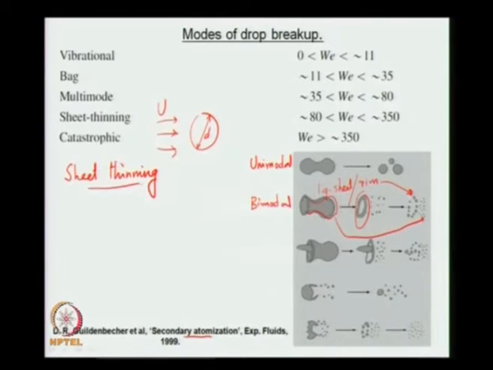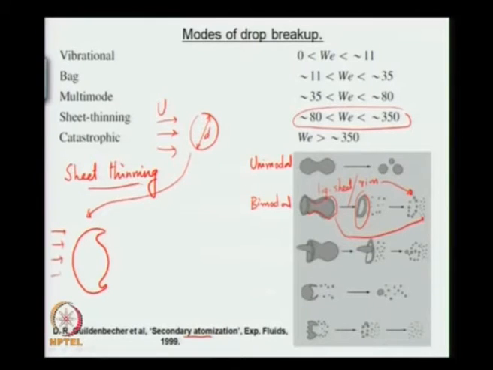In this, if the Weber number is slightly higher and now in this range, the first deformation process from here is where I start to see a thin rim form on the side. So, this is where the side of the drop is being stretched forward as opposed to the middle of the drop being pushed forward, which was the case in the bag breakup mode.